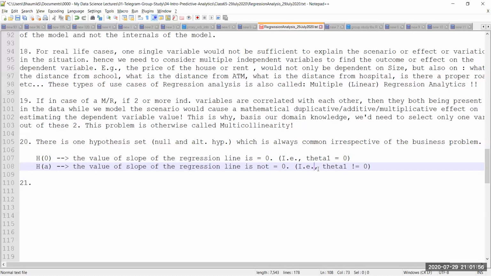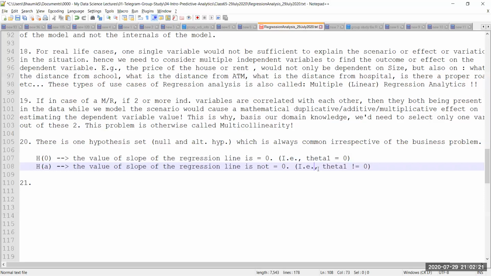My alternate hypothesis is no, as the size of the house increases, the rent of the house should also increase until it reaches a saturation point. After a certain point in time, people will not be able to afford. Even if you increase the rent, it is not really going to matter. Hence, after a certain point in time, the value might go to a saturation kind of thing, but there will be a good correlation.